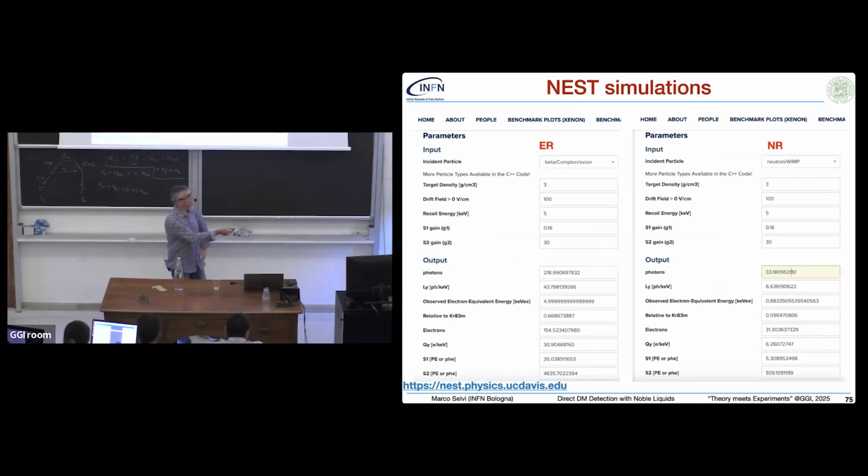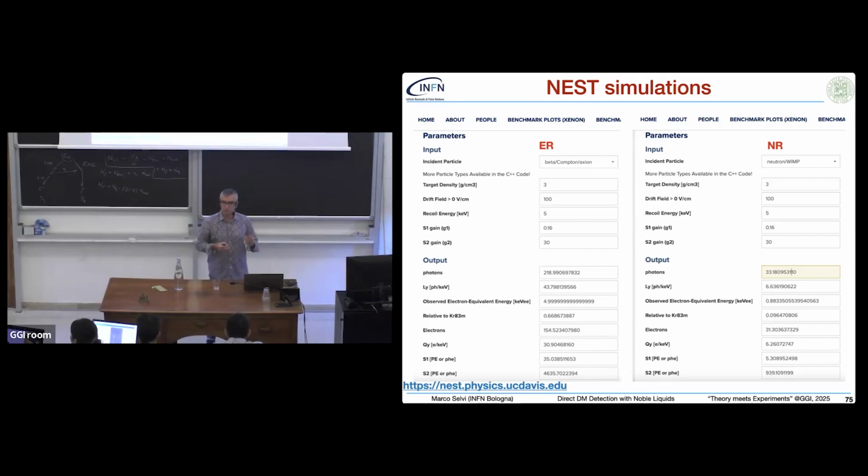And basically, for instance, in the website, you put your input, you select the particle, the density of the medium, so xenon or argon, the drift field, the recoil energy, and you obtain the number of photons emitted, the number of electrons, and so on. You can also do more, adding also the characteristics of your detector, but this is an additional step.